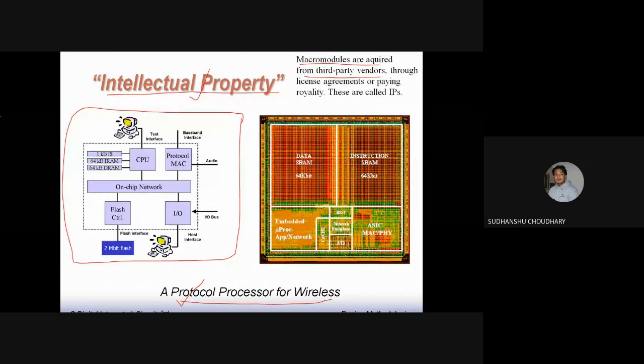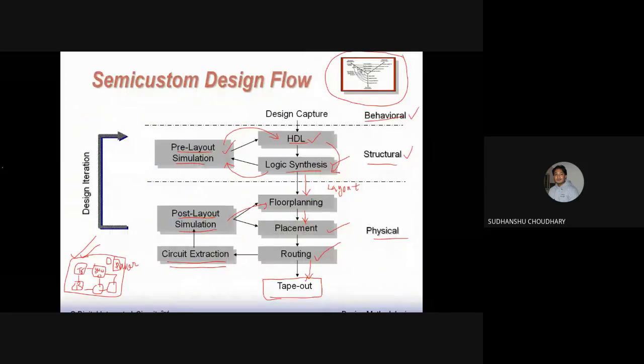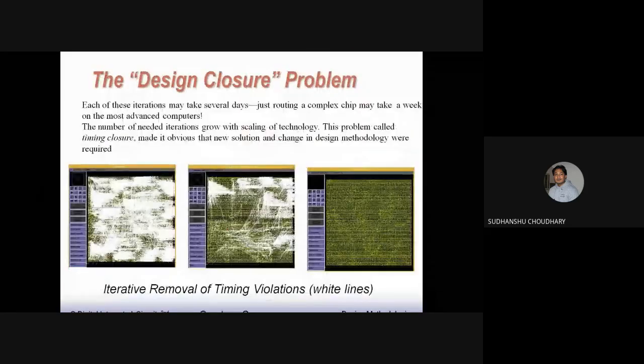So these macro modules can be acquired from third-party vendors through license agreements or by paying royalties, and these are called intellectual properties. And this we had seen.